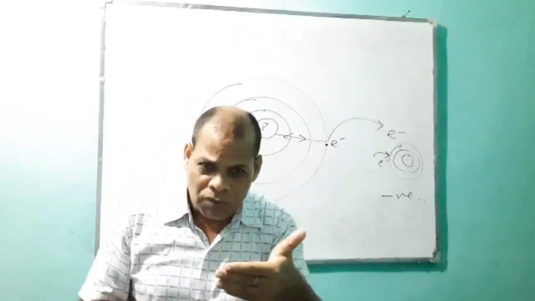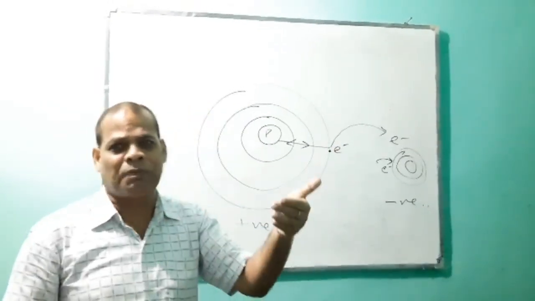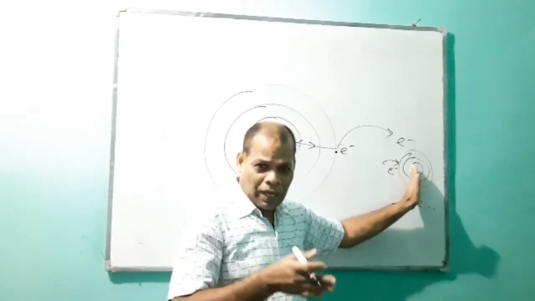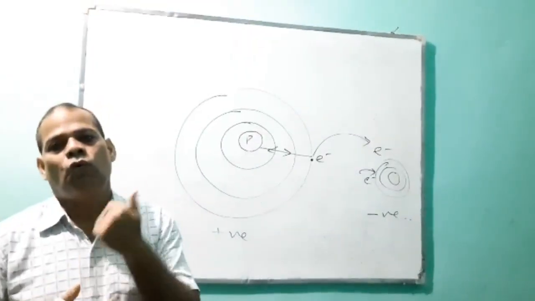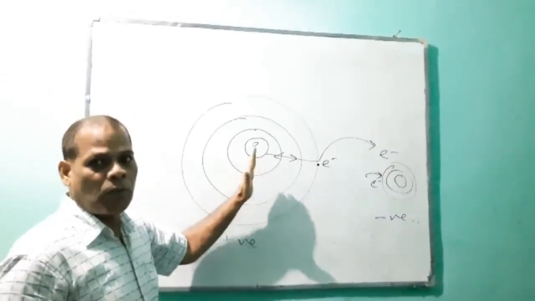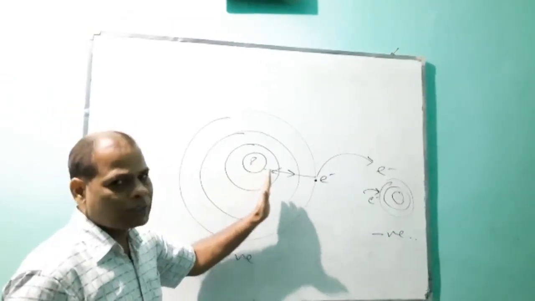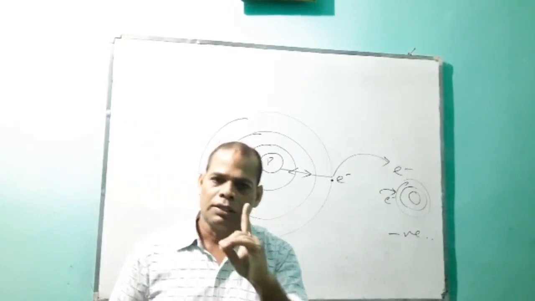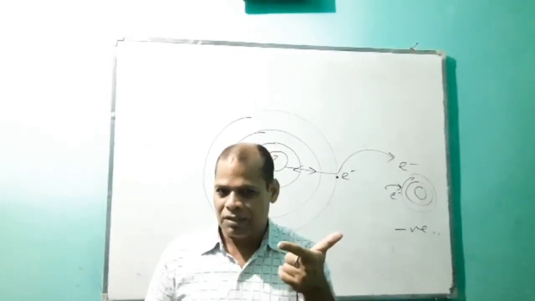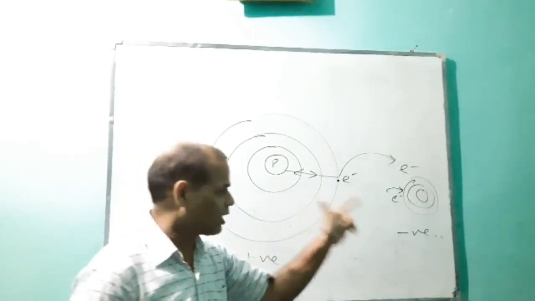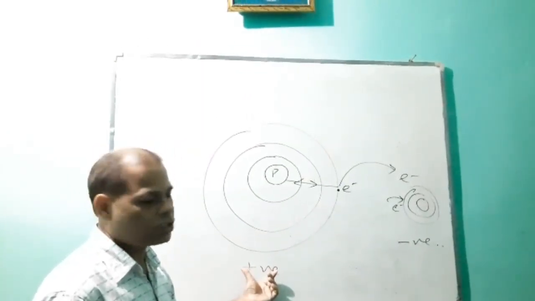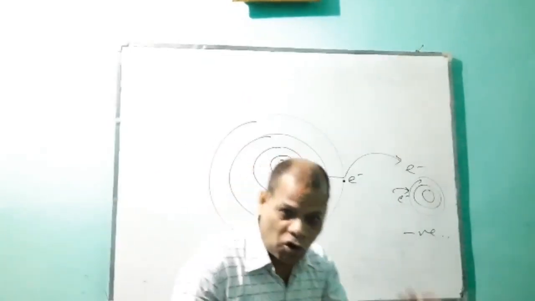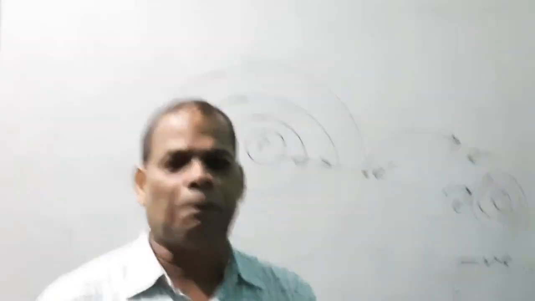So while rubbing, from one of the substances, electron transfer takes place to another substance. The substance from which the electron has transferred has got positive charge, and the substance to which the electron has been added becomes negatively charged.